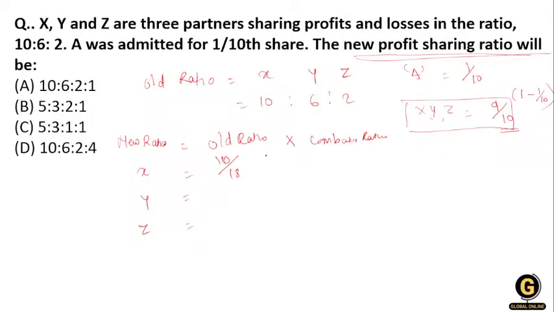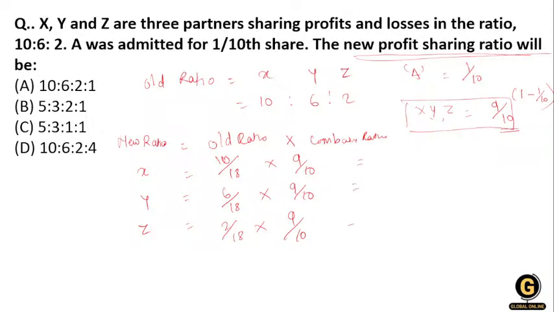Multiply with the combined ratio, that is 9/10. Then we do the same with Y: 6/18 multiplied by 9/10, and 2/18 multiplied by 9/10. Why do we take 9/10? Because 9/10 is the combined remaining ratio of the old partners.